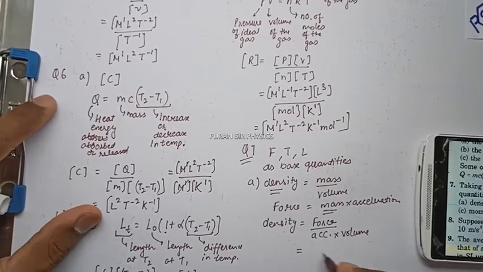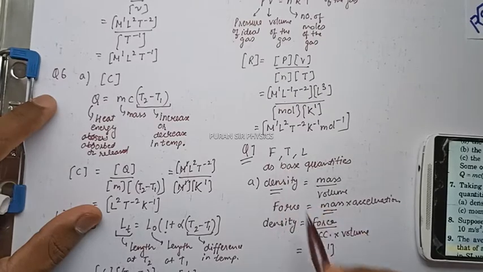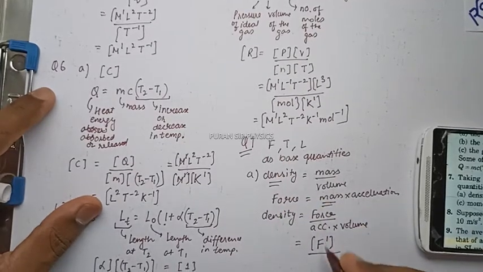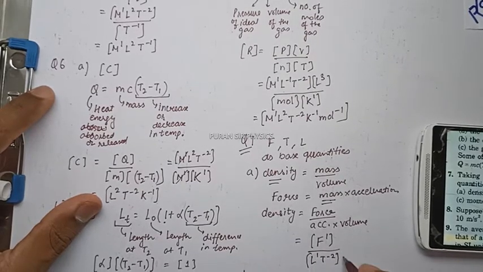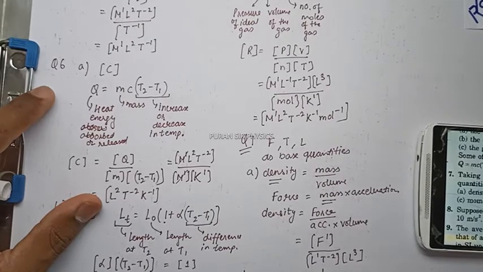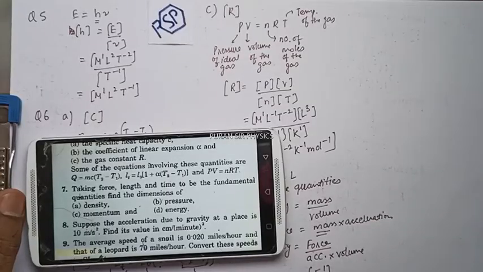So we can write force as the dimension of F raised to power 1 because it is the base quantity. Acceleration is L raised to power 1 T raised to power minus 2, and volume is L raised to power 3. So from here we can say it will be F raised to power 1 L raised to power minus 4 T raised to power 2. So this is the dimension of density.